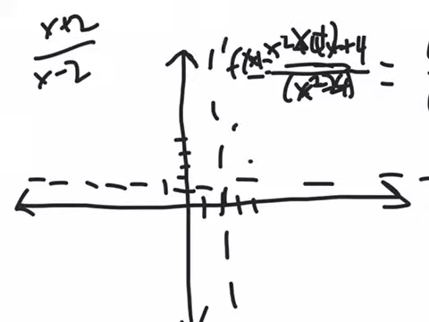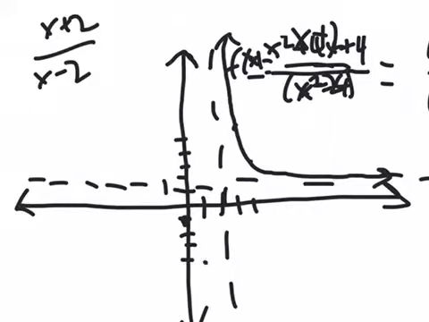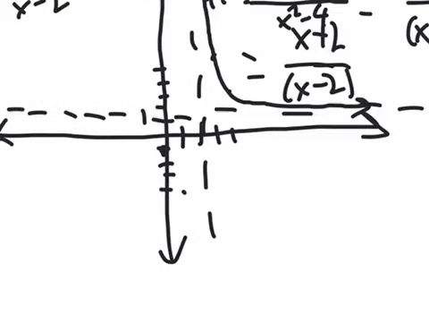So now we know what the graph really looks like. When x is 0, y would be -1. And when x is positive 1, y is equal to -3. So now we can trace that graph.